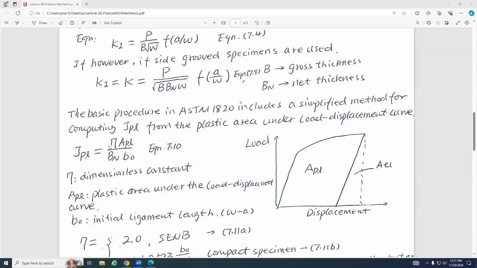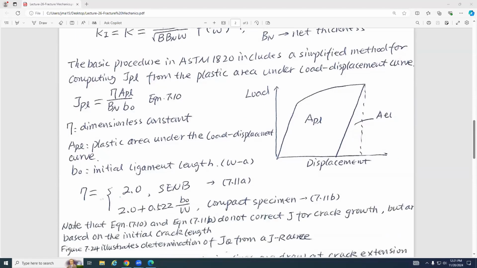And for this eta, how can we select the eta? The selection of eta depends upon what kind of specimen you are using. For example, for a single edge notched bend specimen, we use eta equals 2.